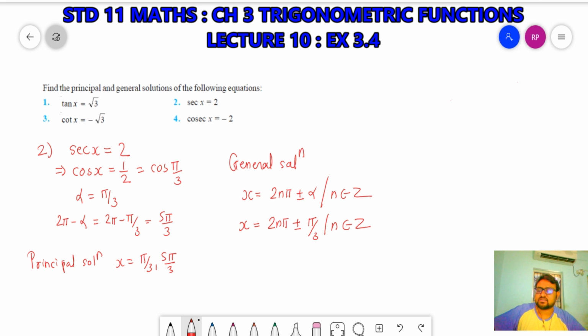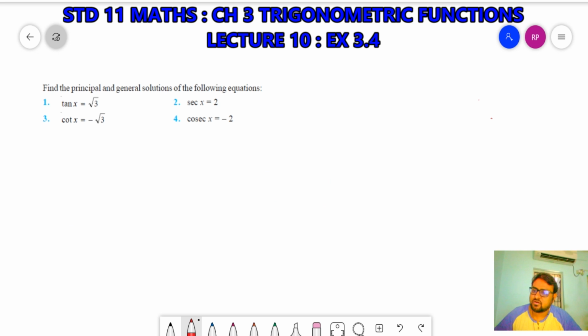Now let's move to the next, the third one: cot x equals minus root 3. Let's change it to tan. That implies tan x is equal to minus 1 by root 3.